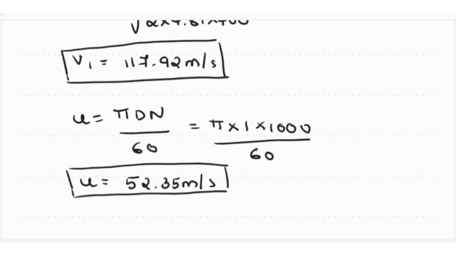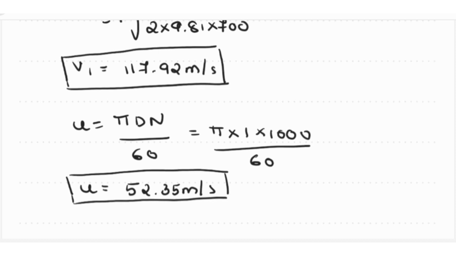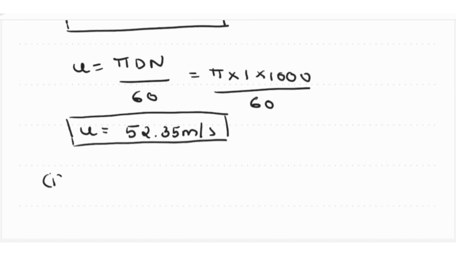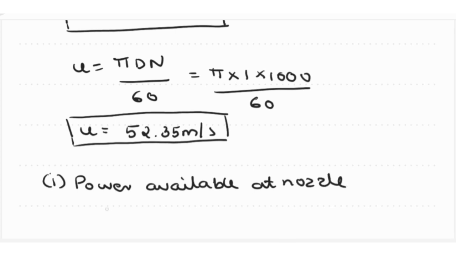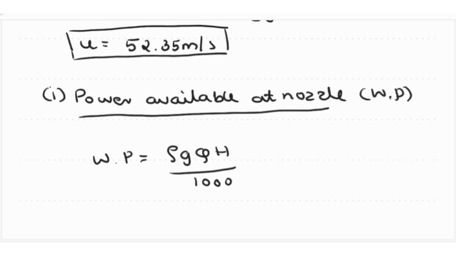So the first question they have asked is to calculate the power available at the nozzle. That is nothing but water power. We can calculate using the formula water power is equal to rho into g into Q into H divided by 1000. Here we'll substitute all the values.